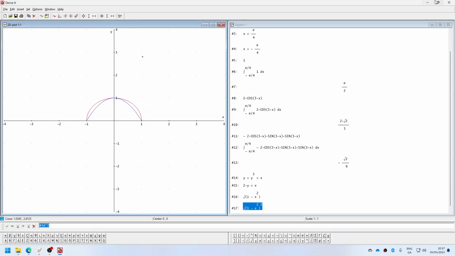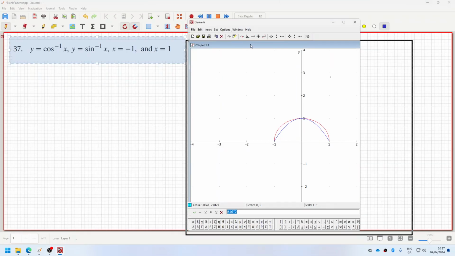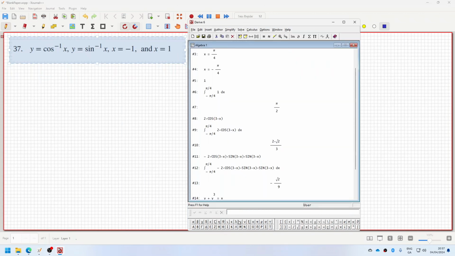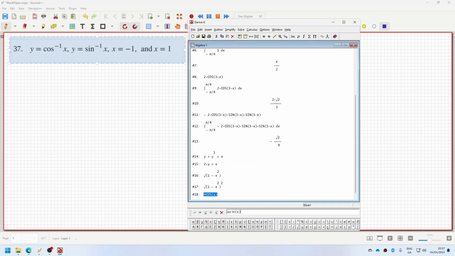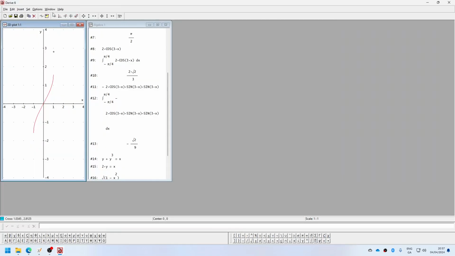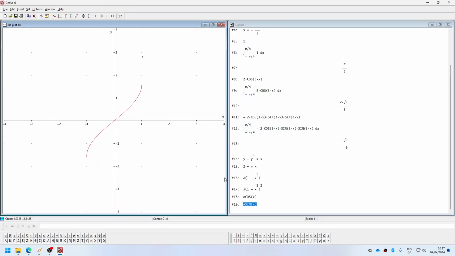Okay, let us see what graph we got here. Oh, cos inverse and sine inverse. Funky. -1 to 1.